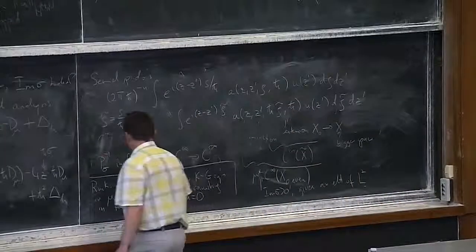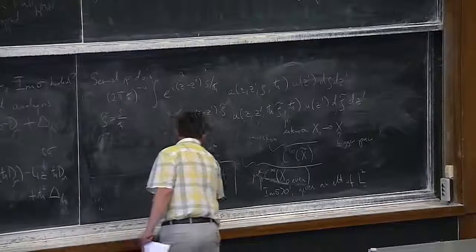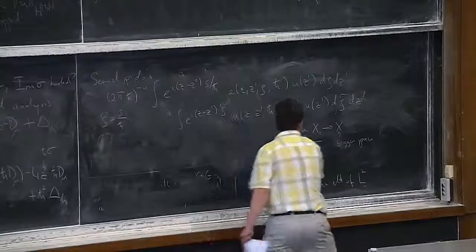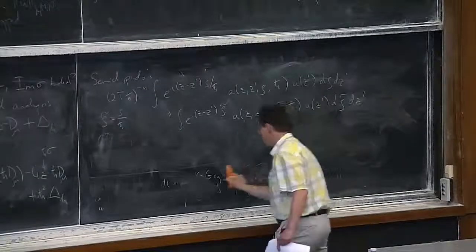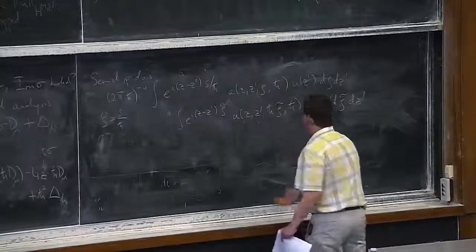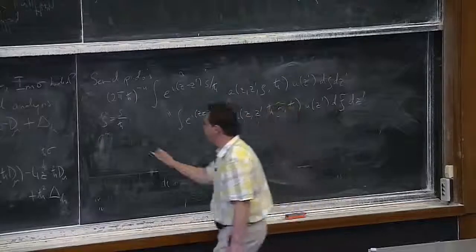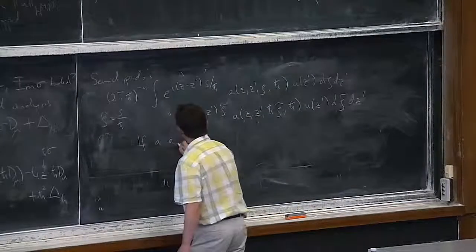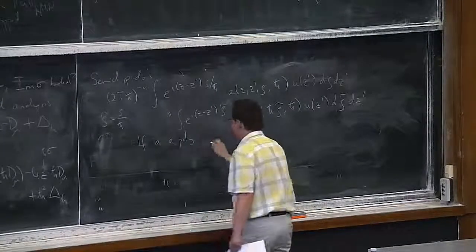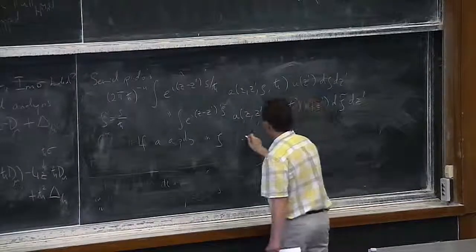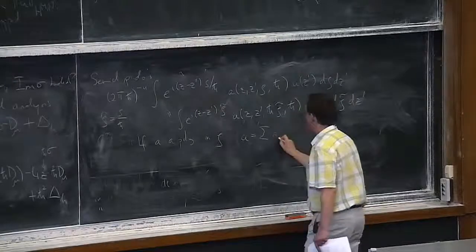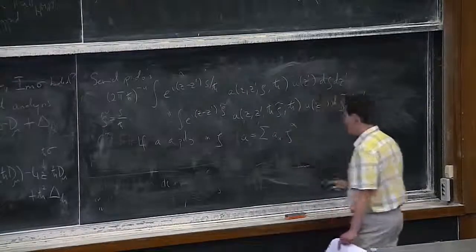But remember, if a happened to be a polynomial in this variable, so if a is a polynomial, of course, this is perfectly fine in zeta. Then what we see is that a is something like sum a alpha zeta to the alpha.